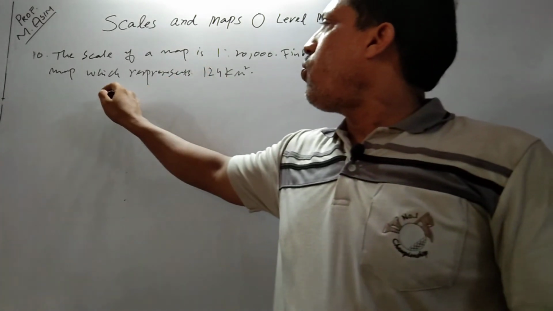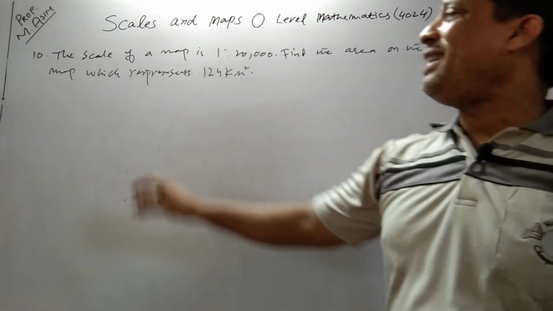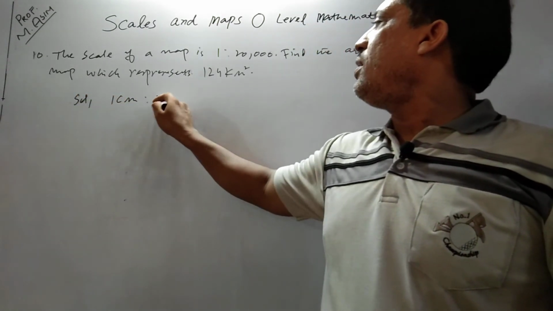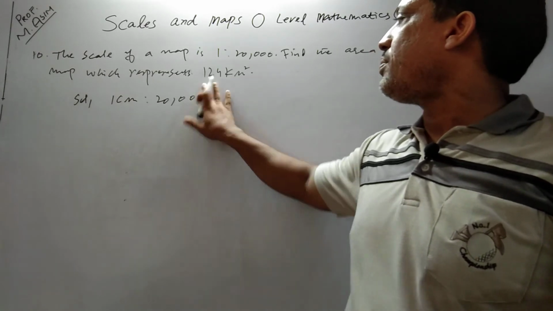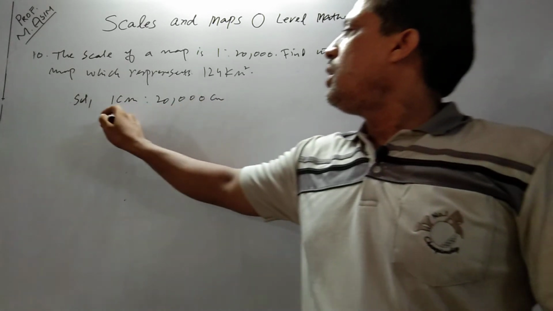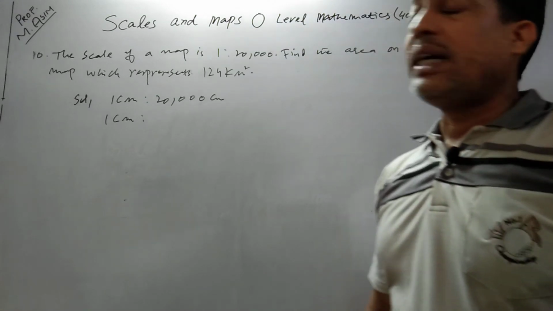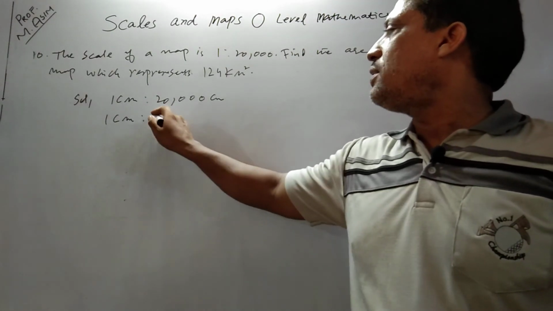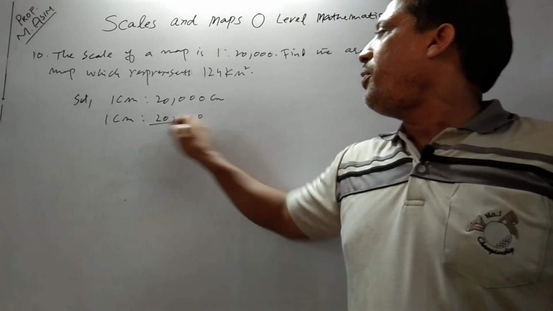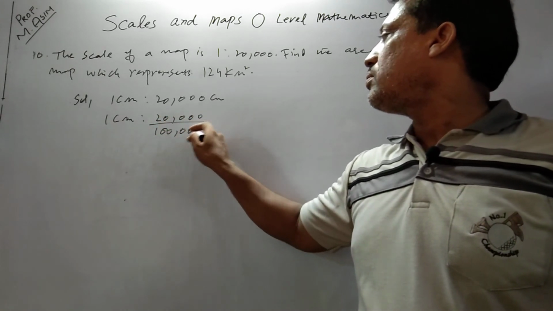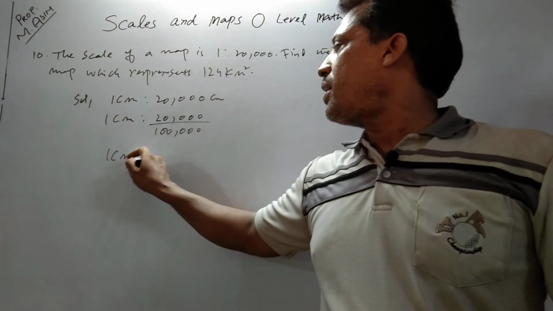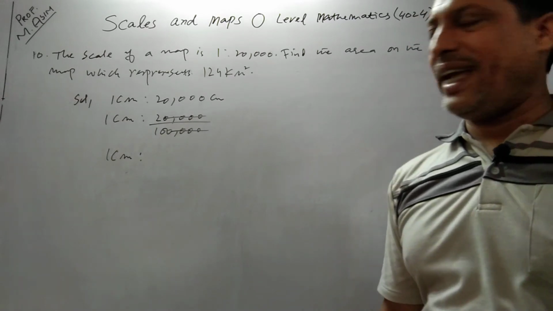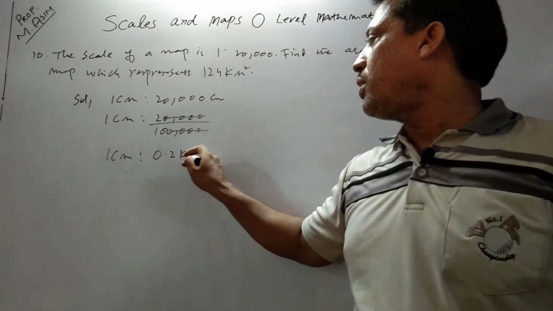So student, 1:20,000 means 1 centimeter represents 20,000 centimeter. Convert this 20,000 centimeter into kilometer. How to convert? Just divide by 100,000. So 1 centimeter represents, the zeros cancel, 2 upon 10 is 0.2 kilometer.